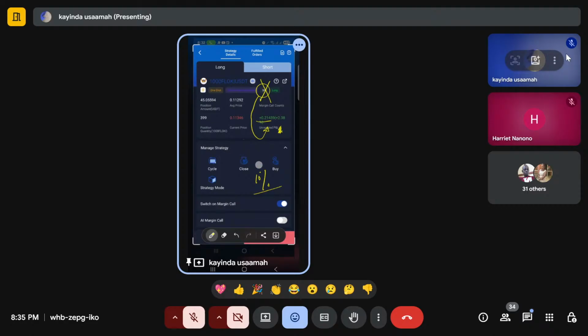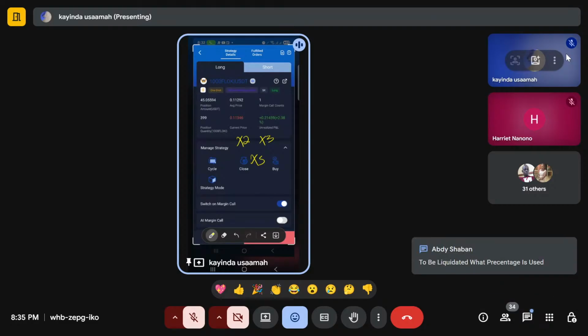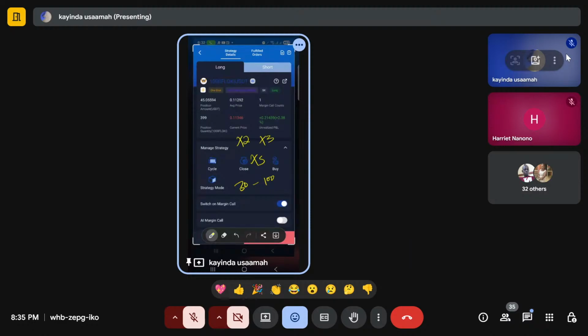Yesterday we looked at that strategy: leverage by 2, by 3, at least by 5, unless you have very small money, people with $30, people with $100. Someone is asking, what percentage is used to be liquidated?